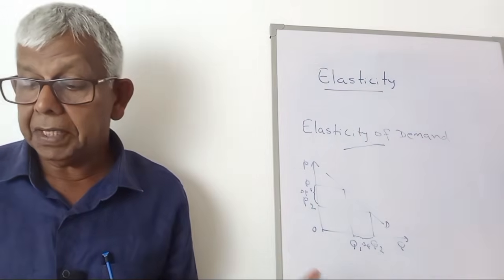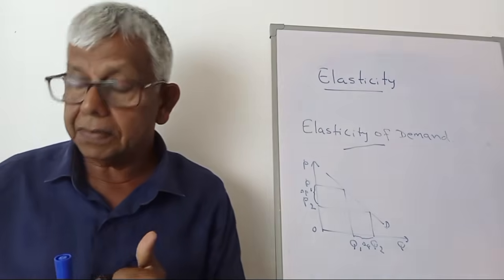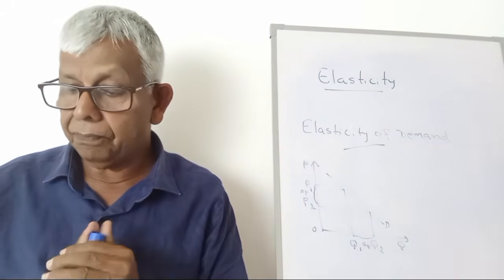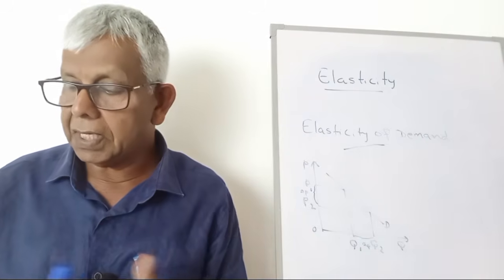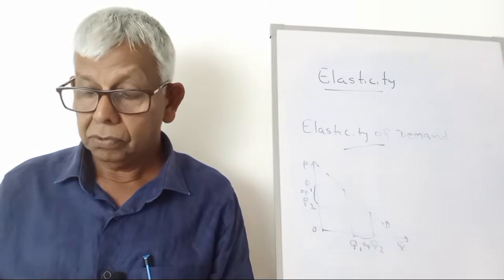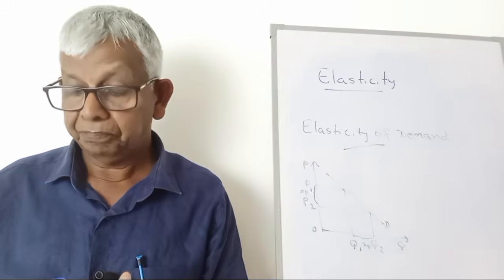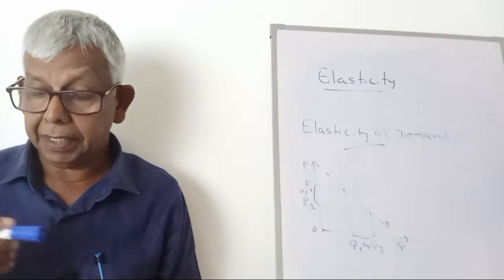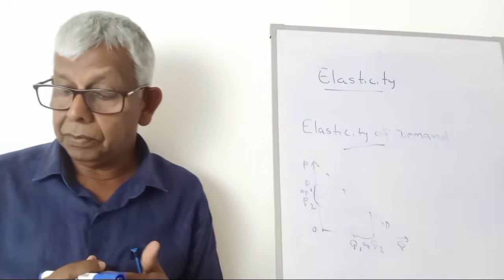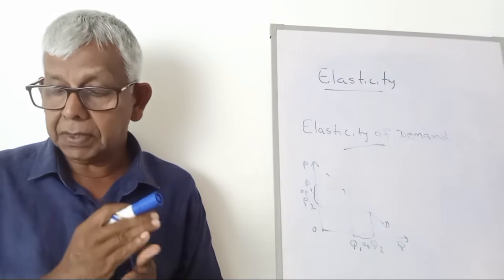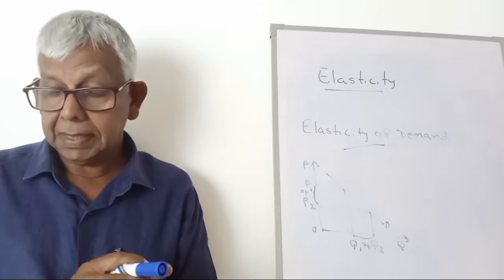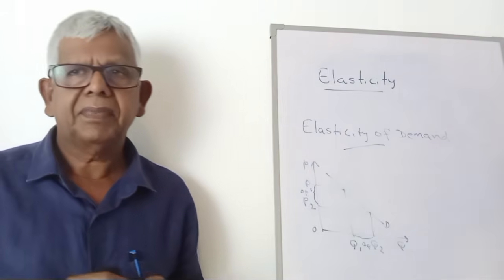We can obtain the value for price elasticity of demand by substituting values for price and quantity in the above formula. Since price and quantity are negatively related, we do not consider the negative sign of the price elasticity of demand.